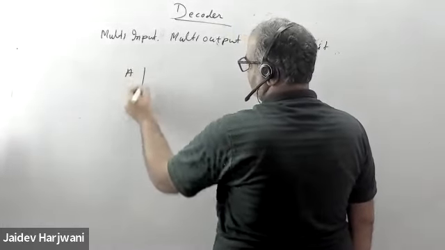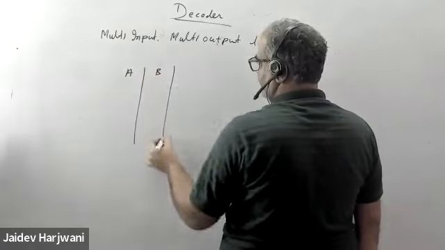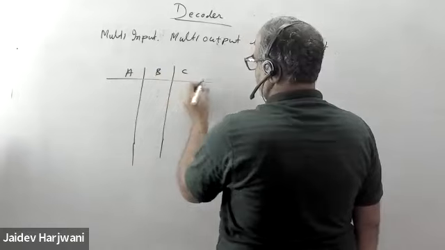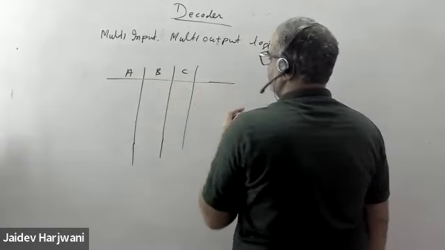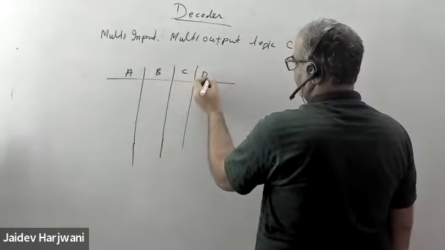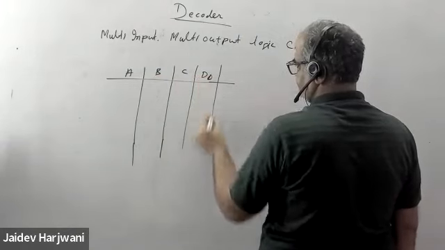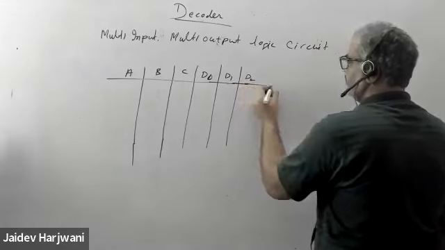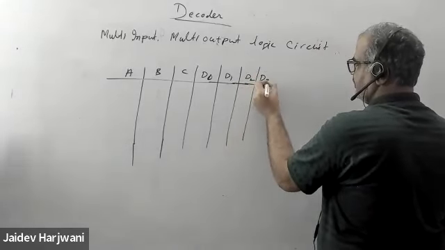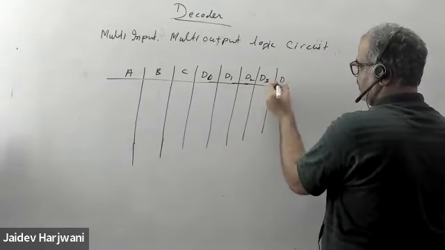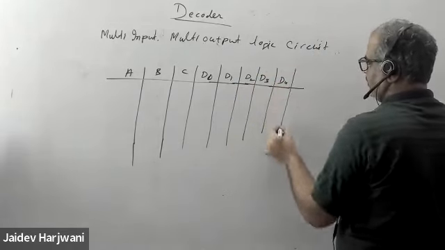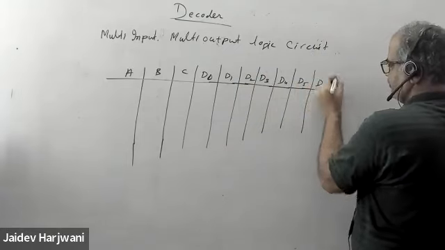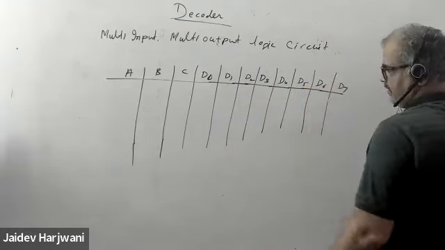So you have 3 variables, A, B, C, and you will be having a total of 8 outputs: D0, D1, D2, D3, D4, D5, D6, and D7.